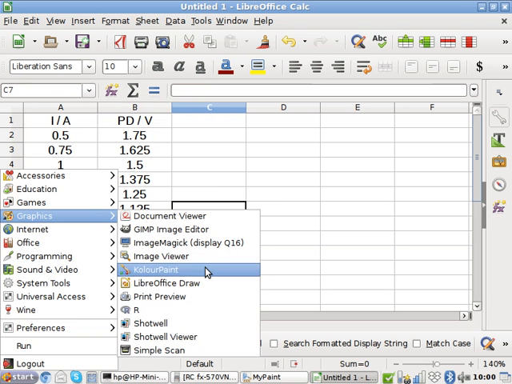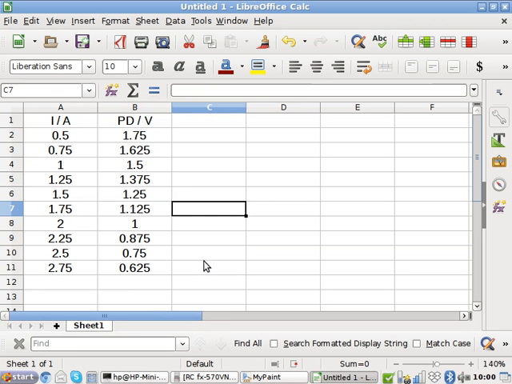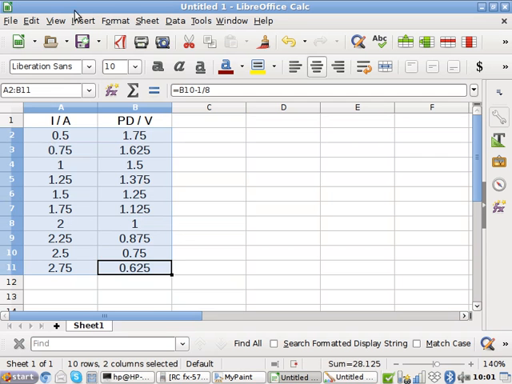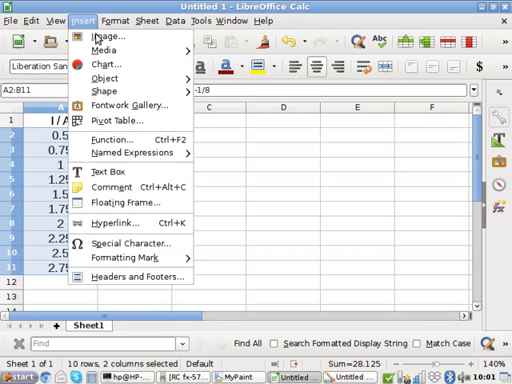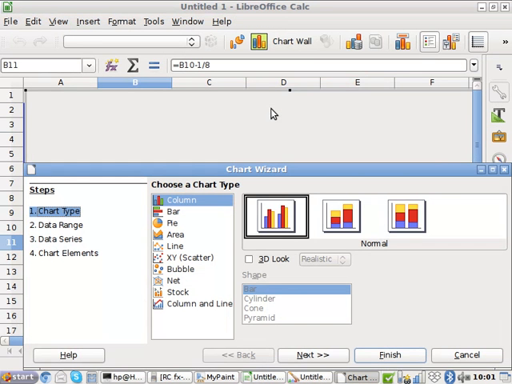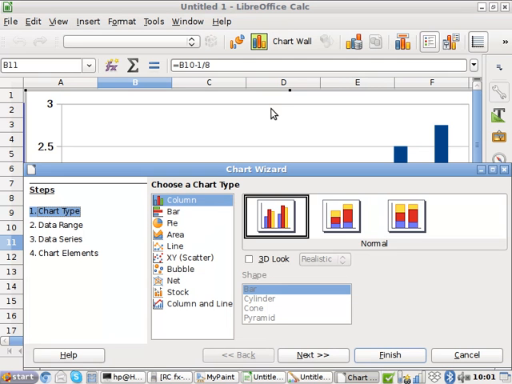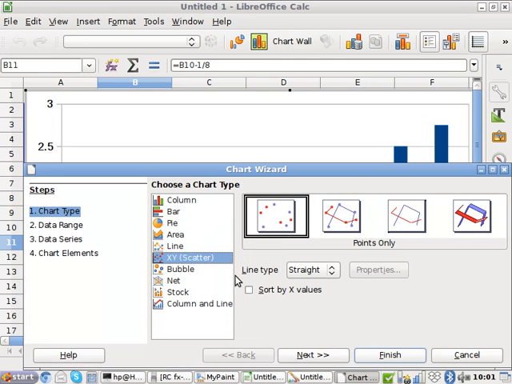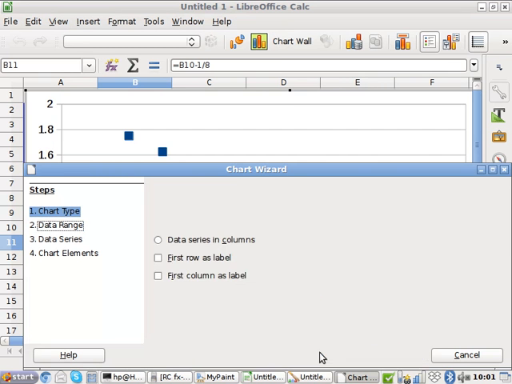So part 1 I didn't do, draw the circuit, but you have the circuit in your notes. So there's nothing special there. B is to make the graph. Okay, so let's graph this. Scatter, next.